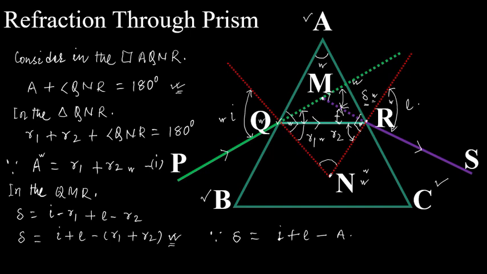In the minimum deviation, I will be equal to E and R1 and R2 will be equal, and QR will be parallel to BC or base. This is the base of the prism. Let's see.